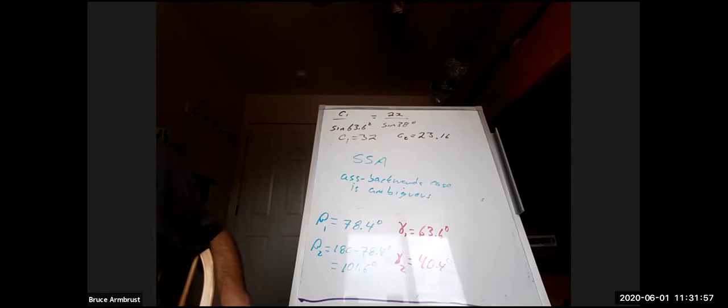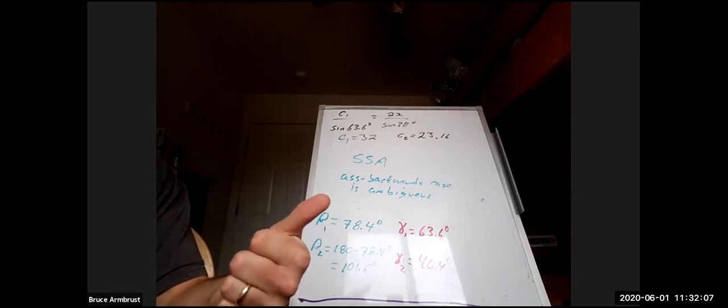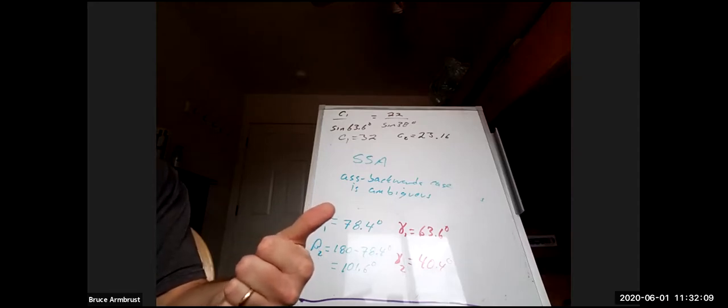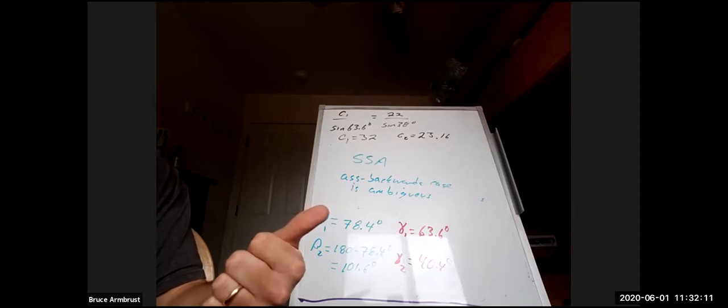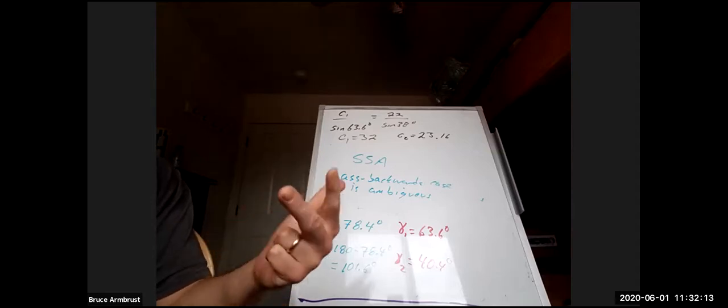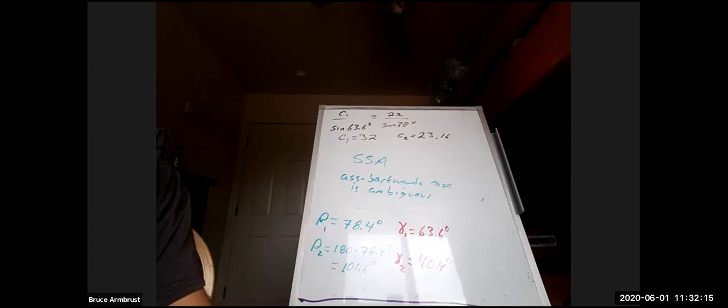Okay, well, hopefully that's a good little review of the law of sines and how that works. And just remember that this is good for side angle, or as good as anything can be for side angle. But it's also good for the two cases where you have two angles and a side.